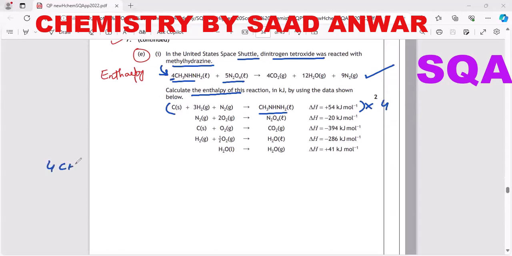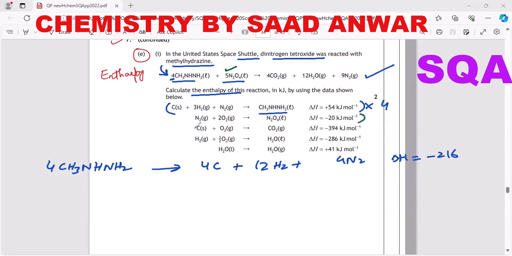So 4 times CH3NHNH2, the product would now be a reactant, and 4 times carbon, 12 times hydrogen plus 4 times nitrogen. Because we flipped this equation, this would be negative: 54 times 4 would be negative 216.